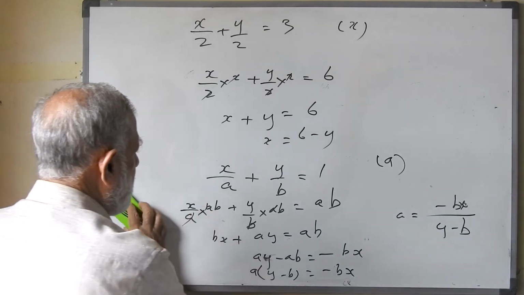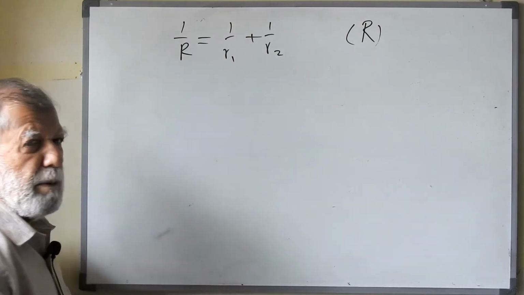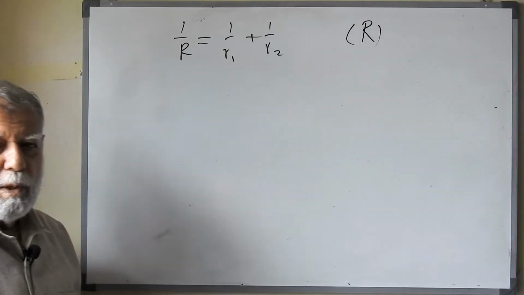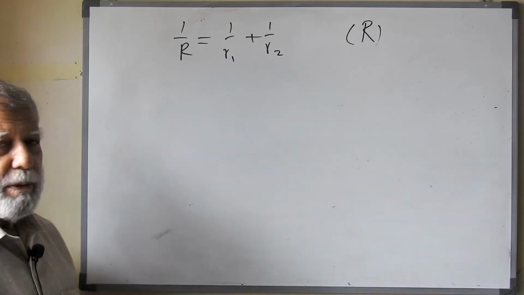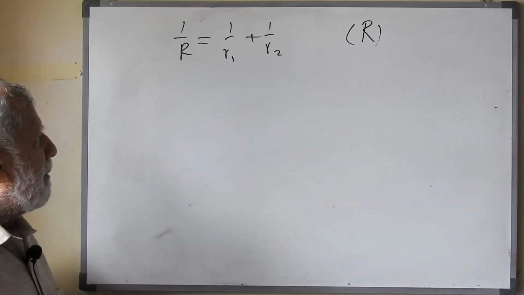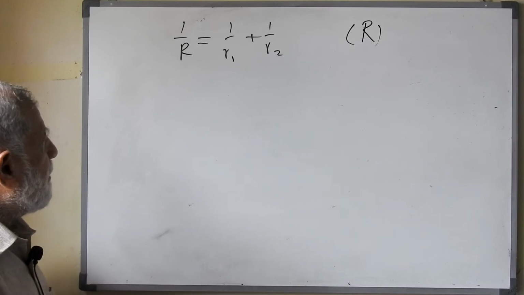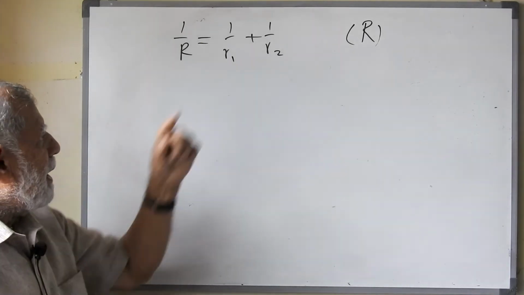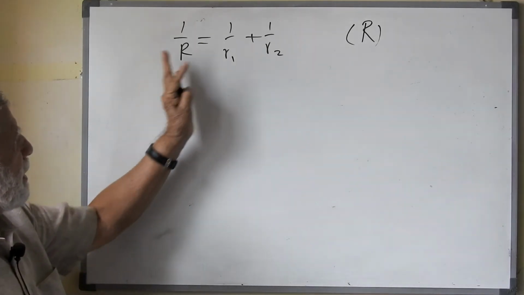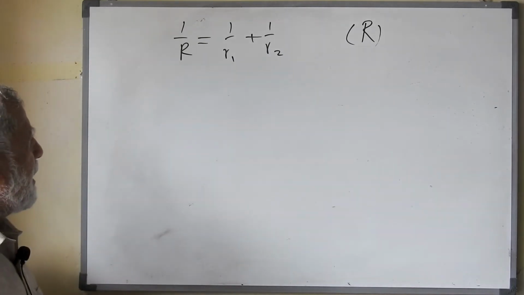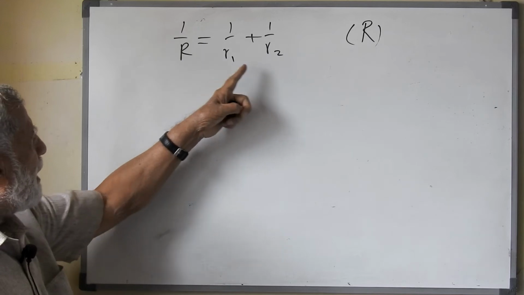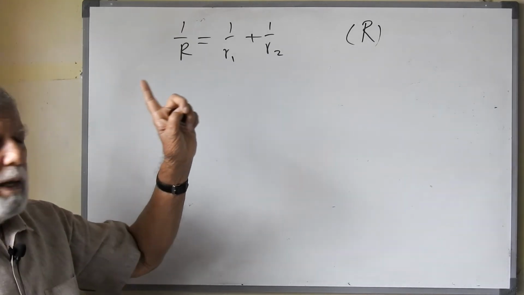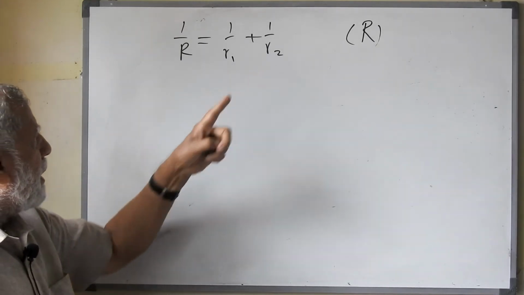We'll take another example. These are very common formulas. You should get used to this type of formulas so that you will be familiar with different types of sums. So here we have to make capital R the subject. It looks very complicated, but it's not difficult. So here the denominators are R, R1 and R2. So the LCM will be R, R1 and R2.